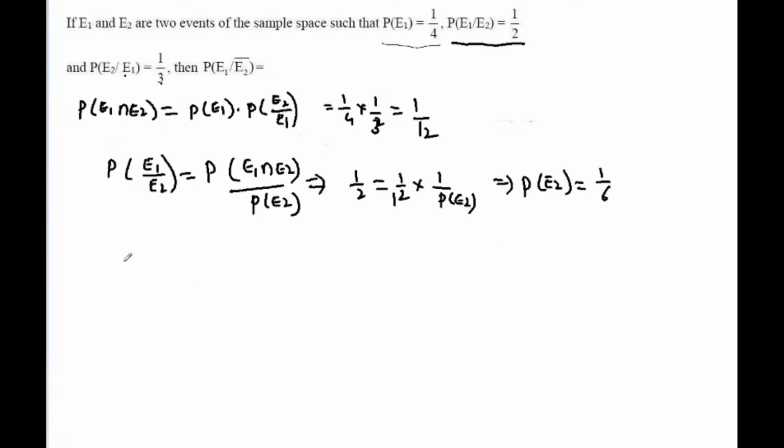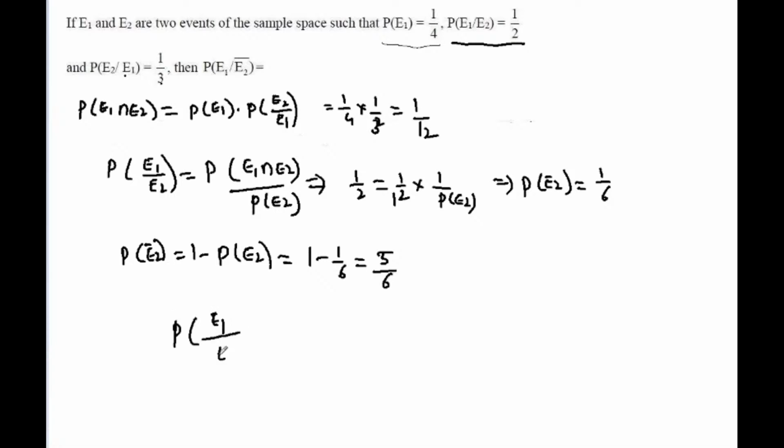Now we find probability of E2 bar. E2 bar is equal to 1 minus P of E2, and P of E2 is 1 by 6, so that is equal to 5 by 6. Now we find P of E1 by E2 bar.